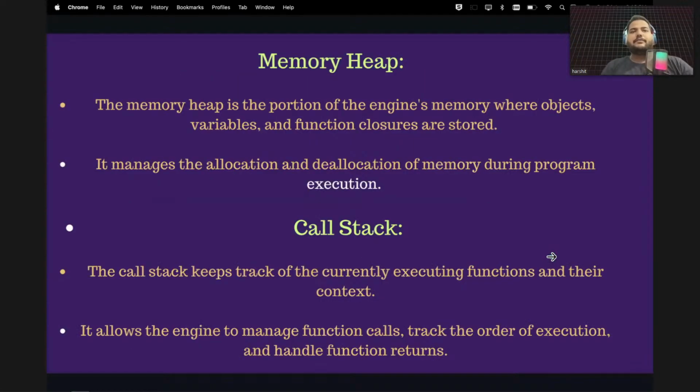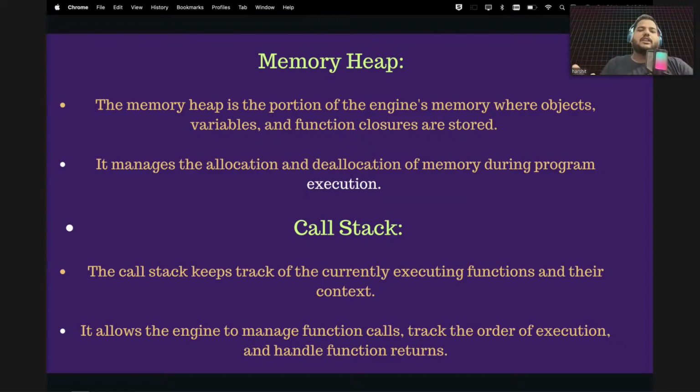Now let's see a quick definition of the memory heap and call stack. The memory heap is just a portion of engine memory where objects, variables, functions, and closures are stored. Whatever you create in the program, variables, functions, objects, there should be a space to store them.